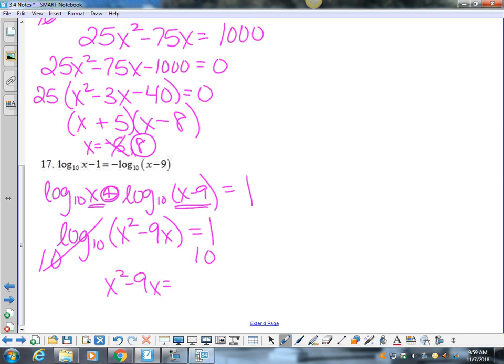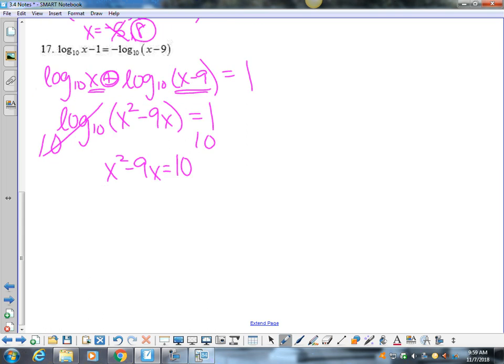Ten to the 1. 10 to the 1. 10. He is quadratic. What are the factors of 10 that subtract to give me 9? I want a negative 9, so negative 10 and a positive 1.